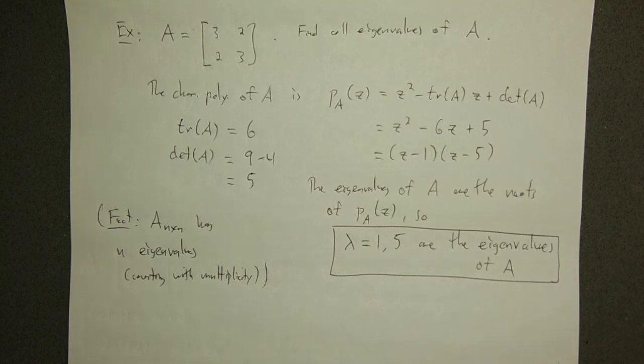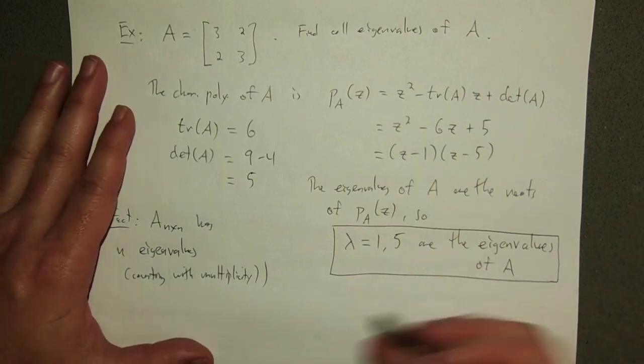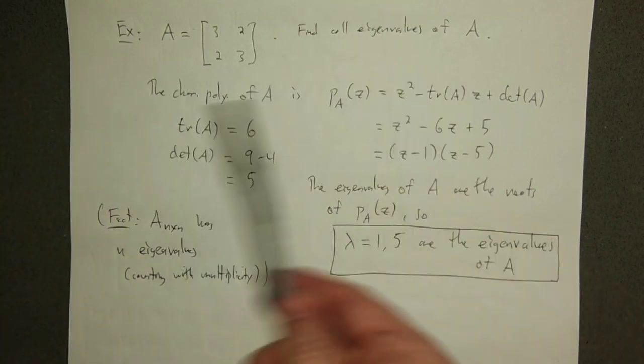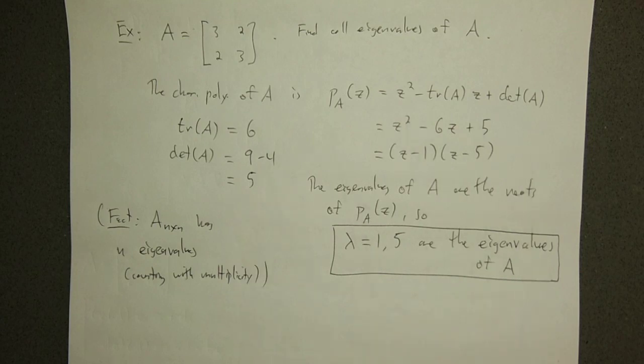How do I go about finding eigenvectors, before I go any further with other examples of eigenvalues? This process is totally deterministic. I write out the quadratic. In the absolute worst case scenario, I use the quadratic formula. I get the answer, right? I find out what my eigenvalues are.